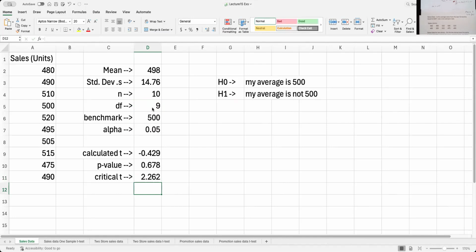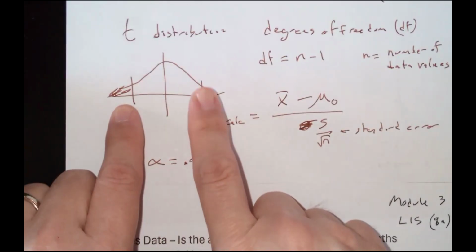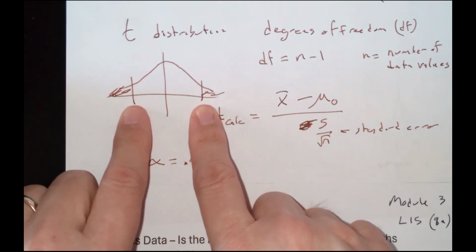In other words, if I did that calculated T, I need a number that's either bigger than 2.26 or smaller than negative 2.26 to get the cutoffs. My number was in the middle, isn't it? So if I go back to the picture, this cutoff line is at 2.26 and negative 2.26, and our value is negative 0.4 something.